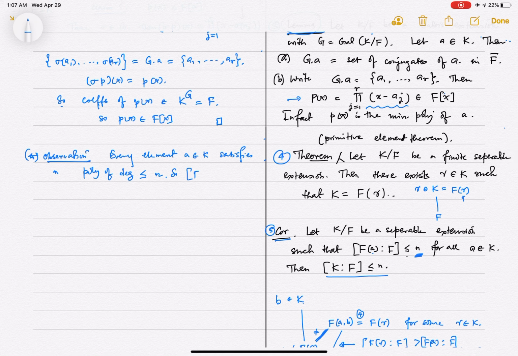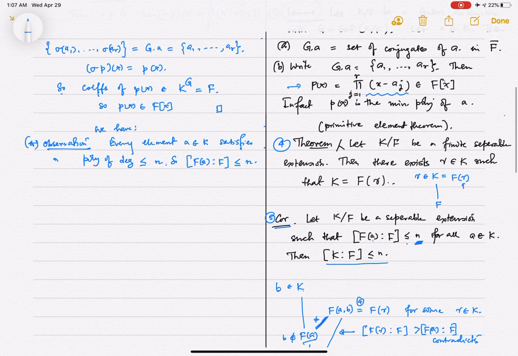So if you add a to F, this extension degree is bounded by n. Okay. So now that I know that every element satisfies some polynomial in F[x] of degree less than or equal to n, we can look at the minimal polynomial.